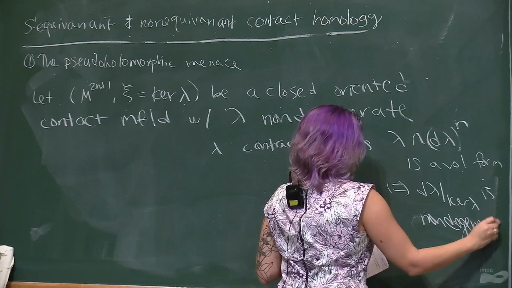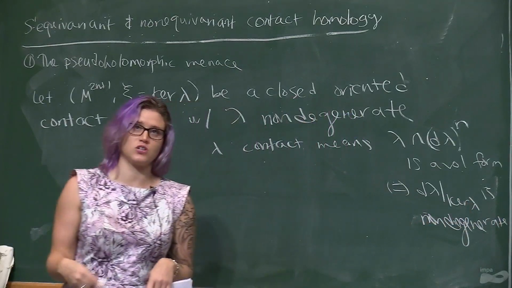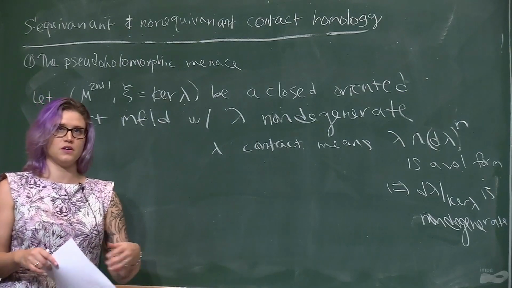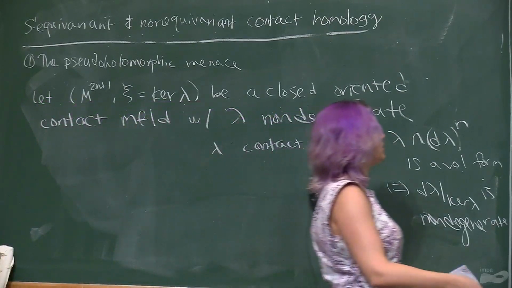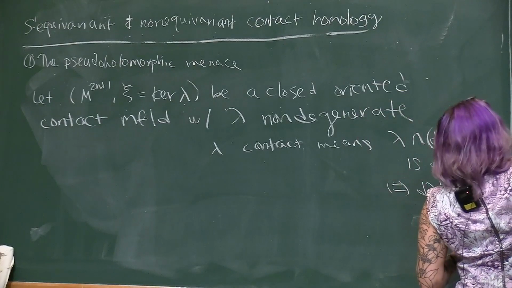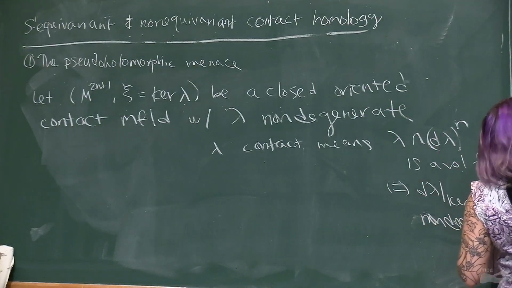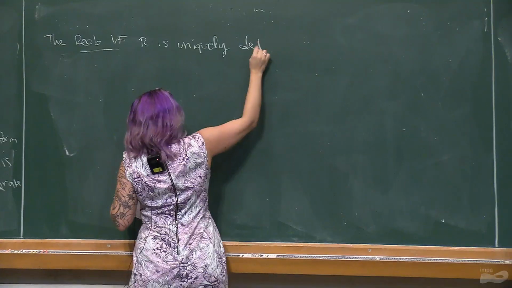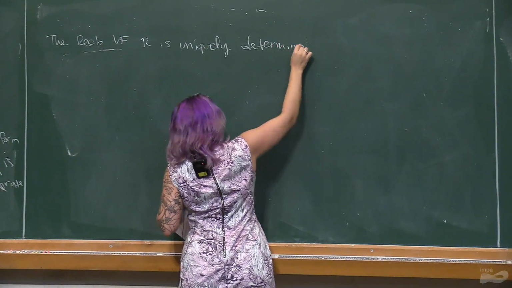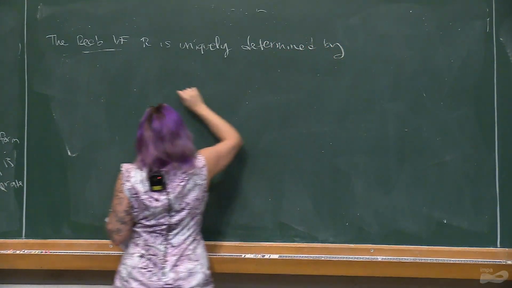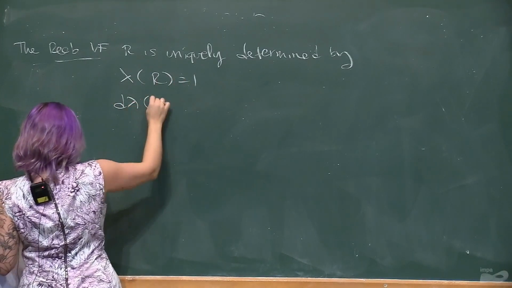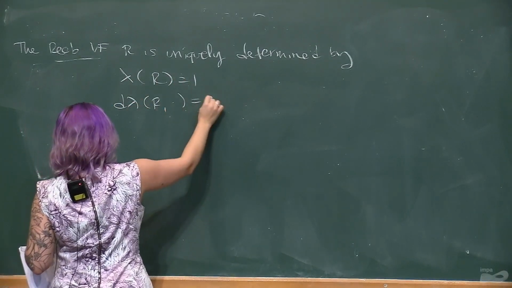And then there's a unique vector field determined by the choice of your contact form that plays the role of a Hamiltonian vector field in the contact world. So the Reeb vector field R is uniquely determined by lambda of R equals 1, and then you want the contraction of R with d lambda to be 0.